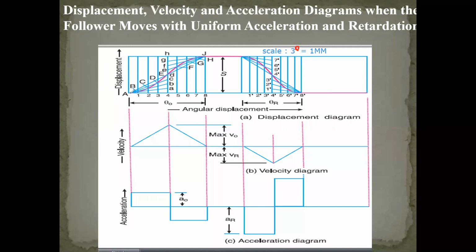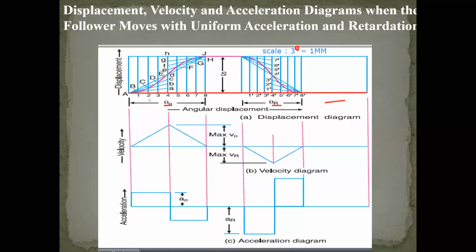Now observe that first you have to draw one horizontal line with a distance of 120 mm. In this, what is given is our theta naught value: how much the outstroke is, how much the dwell period is, how much the return stroke is, and how much the remaining dwell is.